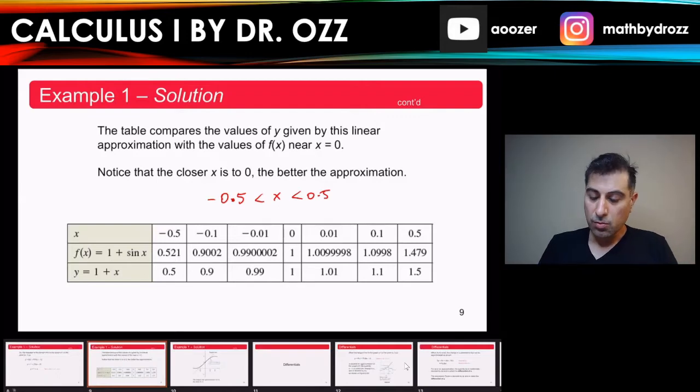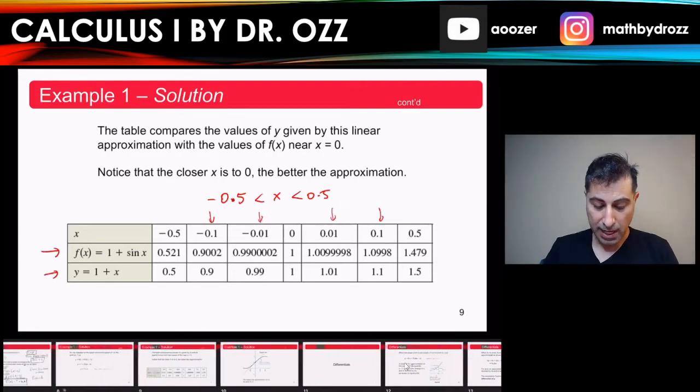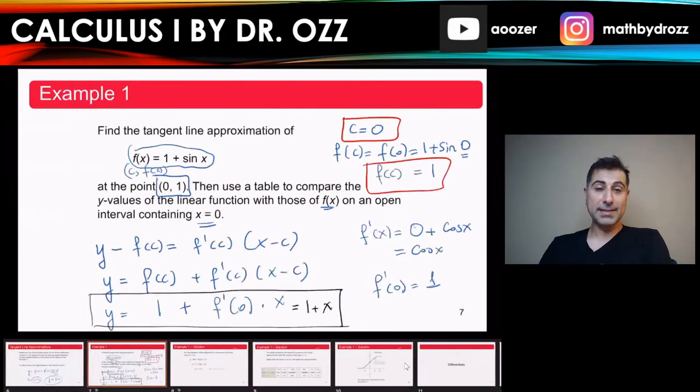Okay, so once we determine the endpoints of the interval, we choose sample points like minus 0.1, minus 0.01, and 0.01 and 0.1. And you can, in fact, increase the number of test values within this interval. And in one case, we're evaluating f of x, and in the next case, we're evaluating its tangent line approximation, which we found to be 1 plus x.